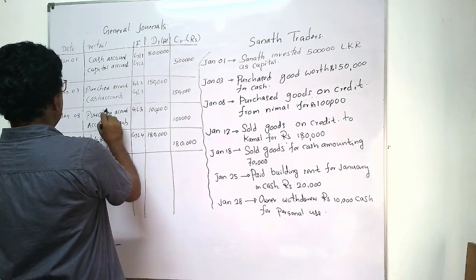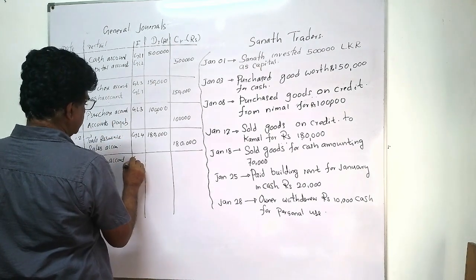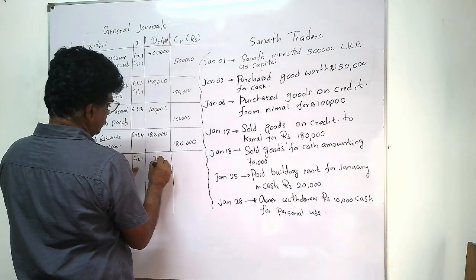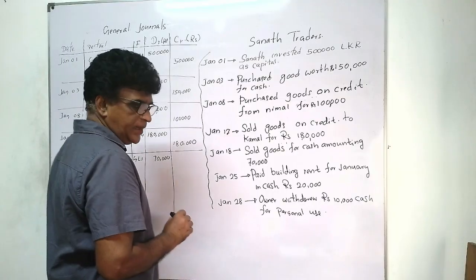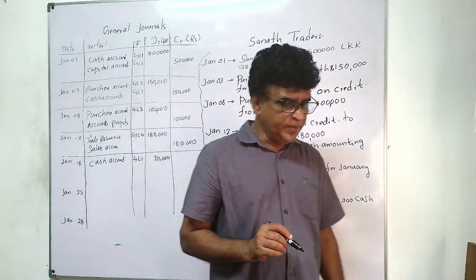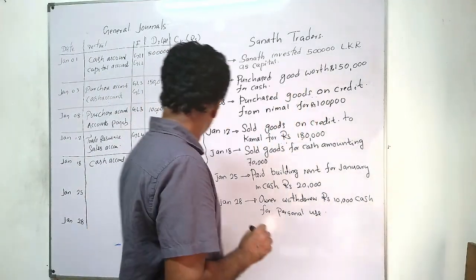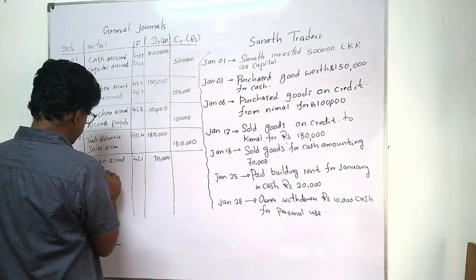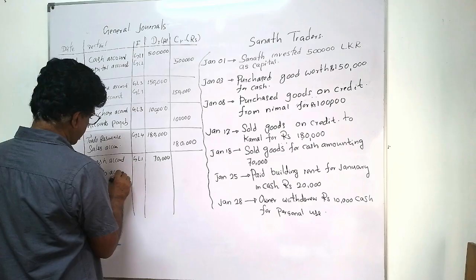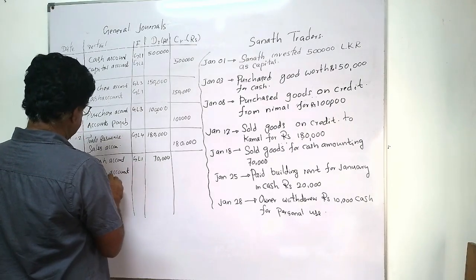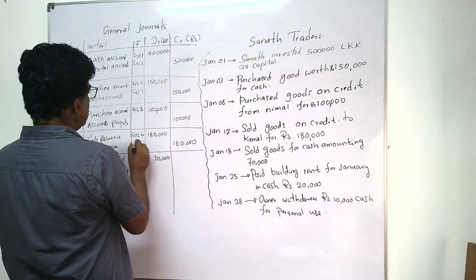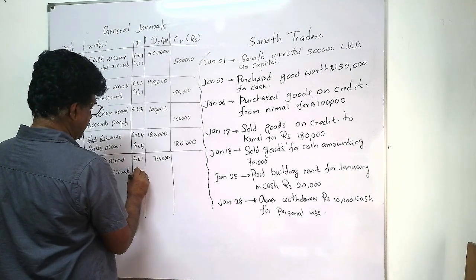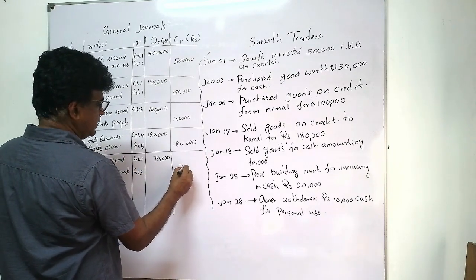Cash account, that is GL1, 70,000, and sales account to be credited in the same amount. Sales account, we'll say the sales account is GL5, 70,000.